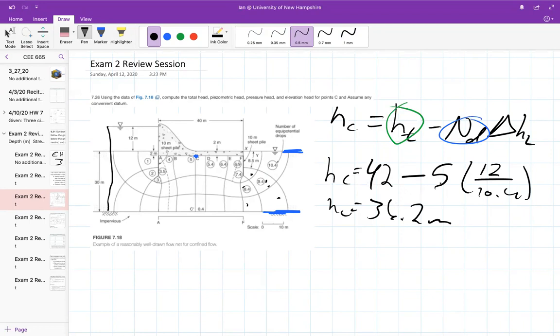So one thing to note, though, is that since they're directly above each other, and we're not having to deal with funky stuff, this is also going to be the total head down here.